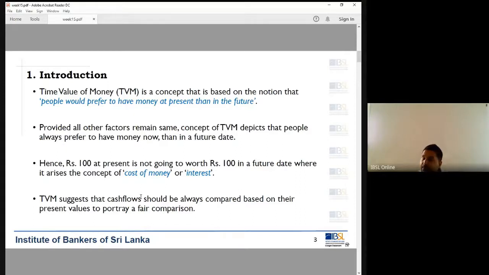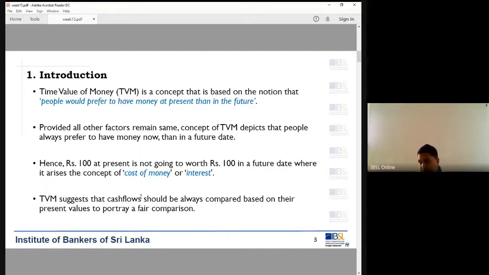Let's say mathematically, you can add up a couple of numbers, 100, 200, and 300, and you can say the total is 600. But can you add 100 rupees now, 200 rupees in 1 year time, and 300 rupees in 2 years time? You can add it together and say 600, but financially, mathematically, it would be somewhat wrong to do that.